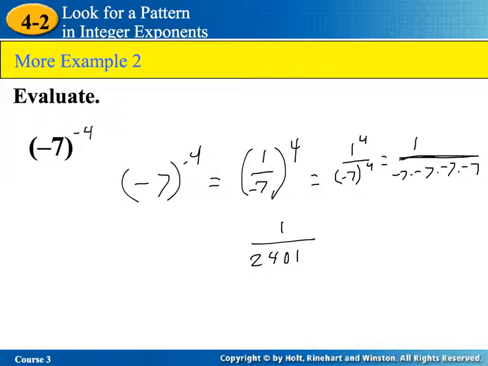Just so you know, on your math quizzes or on your math test, you are not going to get a calculator. However, you will not get a problem like this. I wanted to give you a little bit more of a difficult problem, and remember what that negative 7 to the 4th means on your notes.